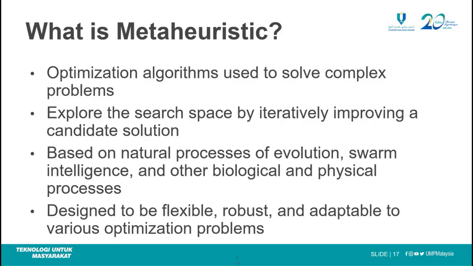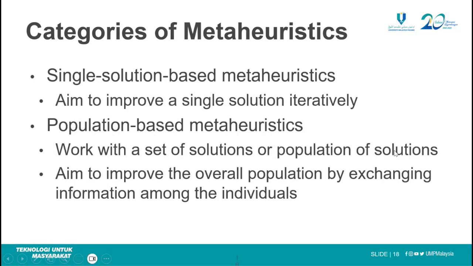So normally, metaheuristic algorithms are inspired by surrounding phenomena, for example, natural evolution, swarm intelligence, physical activities, and so on. Okay, designed to be flexible, robust, and adaptable to various optimization problems. So this is metaheuristics.